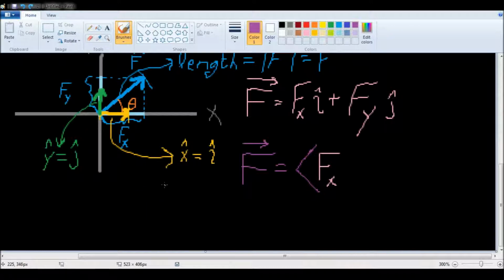So you denote that, and then you put a comma, much like you were writing a single point, and then you'd put your f of y, because you're pulling that many j hats down here, and then you'll close it off with another bracket, and that's another way of writing your vector.